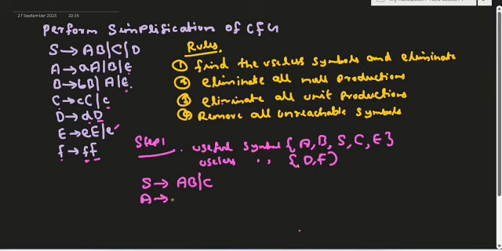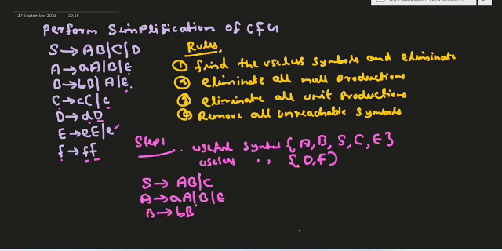The next is A tends to small a, capital A, and A tends to B. This A and B are interdependent on each other, and we have epsilon. Now B can derive BB, it can derive A, and it can derive epsilon. C can derive small c capital C, and also small c.